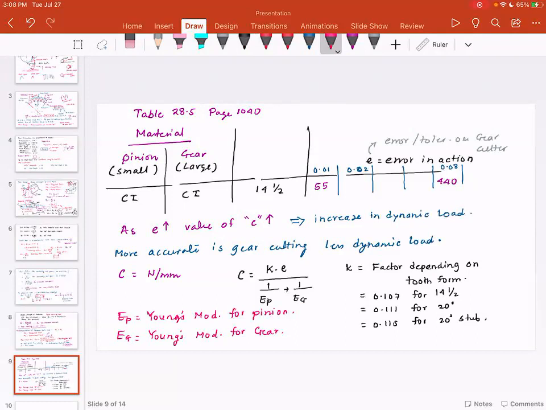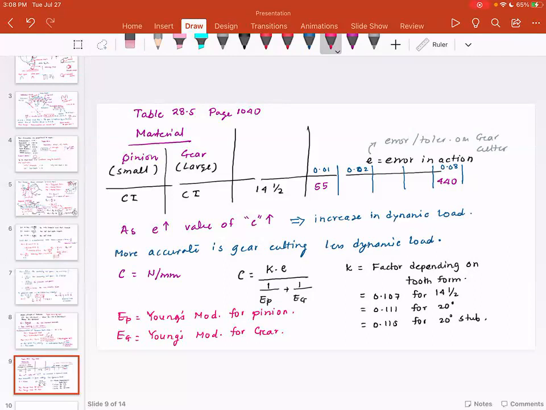And as you know, E is the error in action. One thing that I want to talk about is that error in action is dependent on the velocity of the gear.